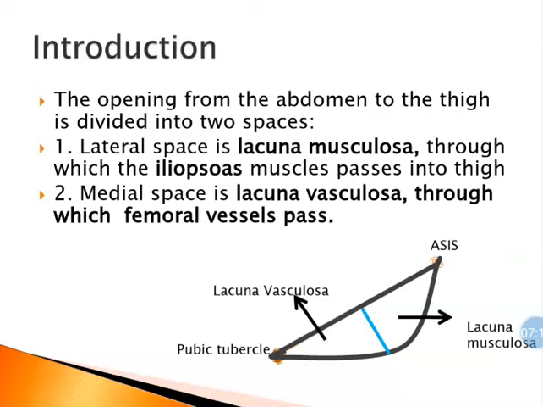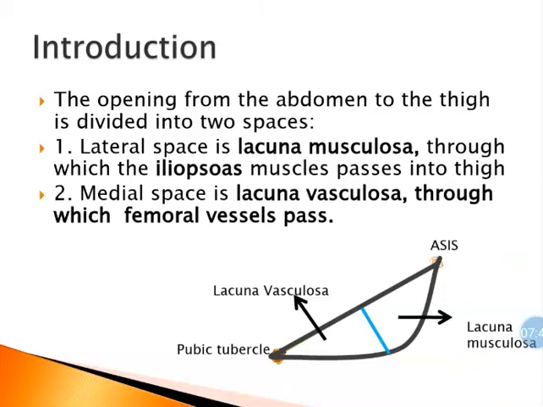So there is the posterior abdominal wall and anterior abdominal wall. When they come together in the inguinal region, there is a space between the inguinal ligament, that you can see in the picture, running from pubic tubercle to anterior superior iliac spine.